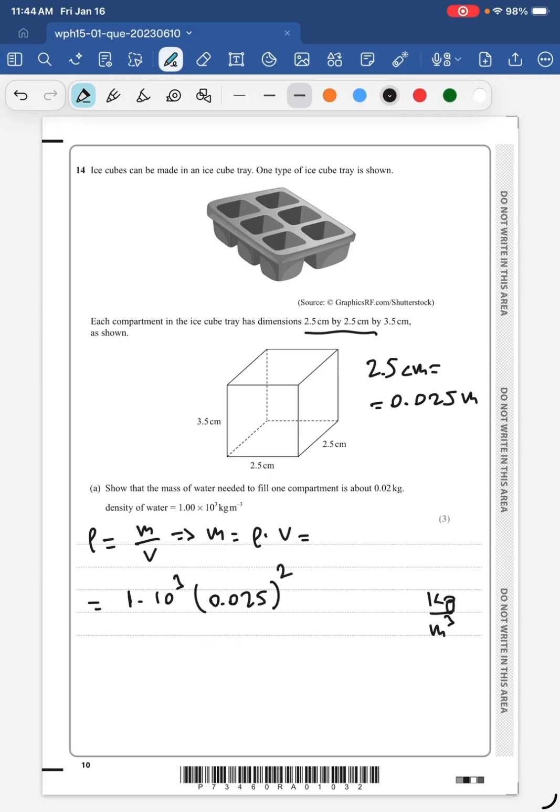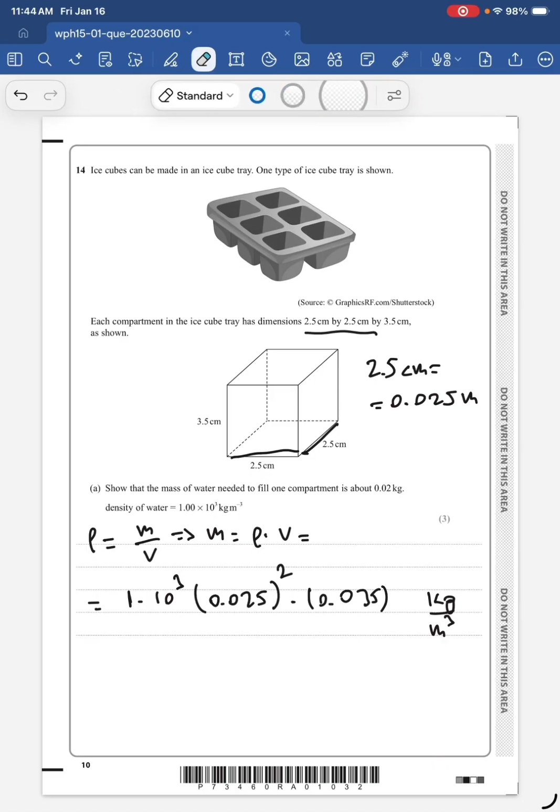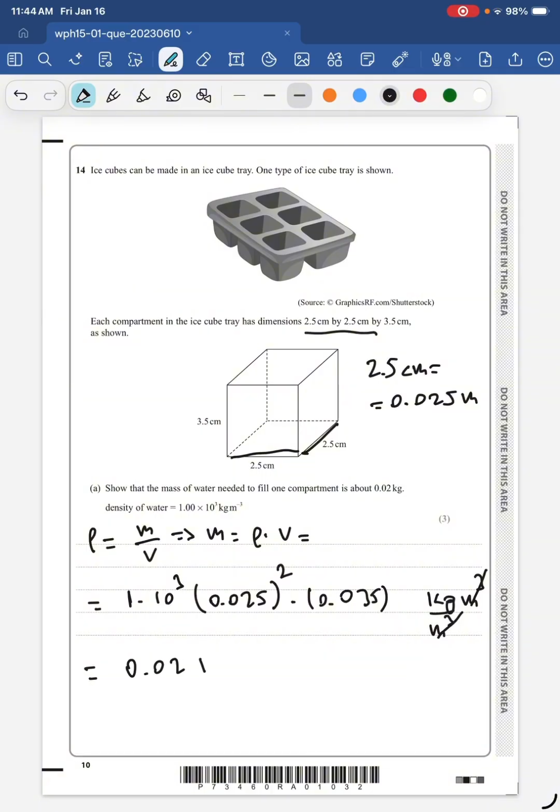And we have to square this because this 2.5 dimension appears twice, times 0.035 for the height. And I also need meters cubed, which cancel. And if we carry on the calculation, we find 0.02 kilograms.